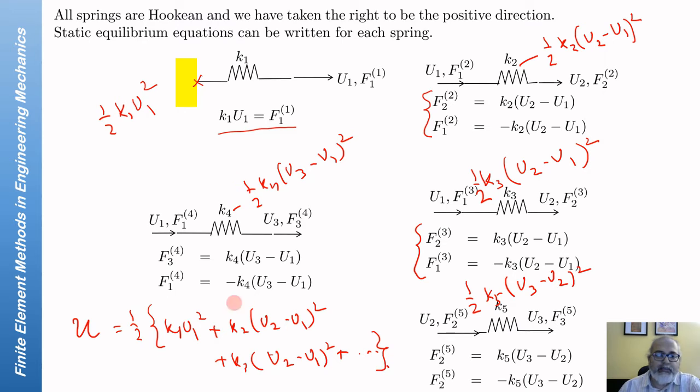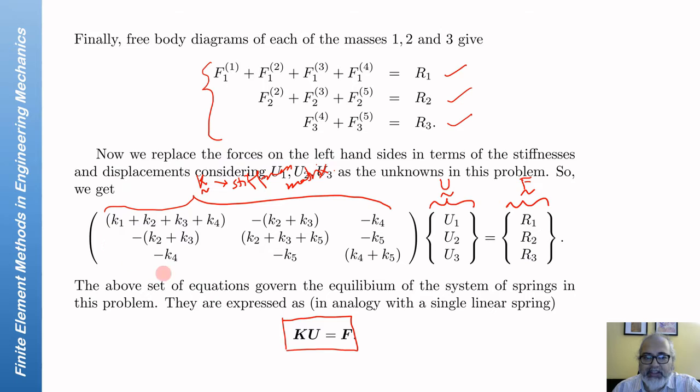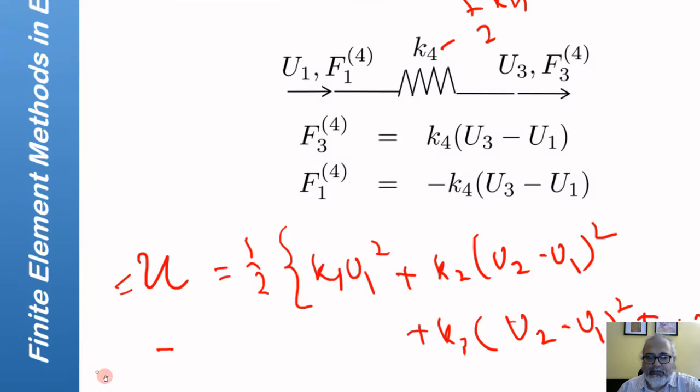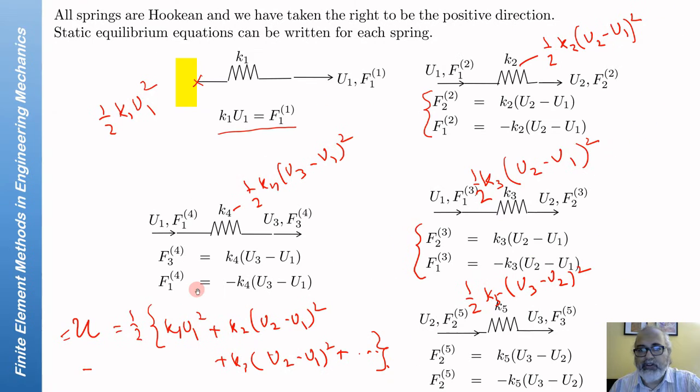And then we had obtained this stiffness matrix. If you take this stiffness matrix, you can easily show that this U can be written as half u transpose k u, which is a matrix equation, but in the end this is going to give you a scalar.